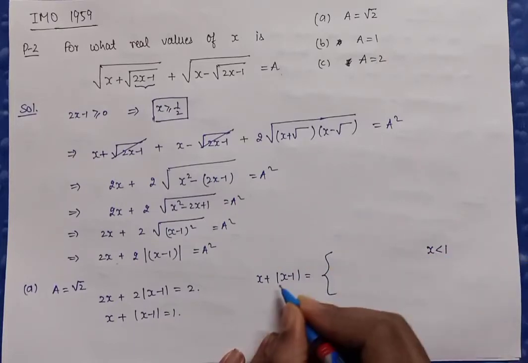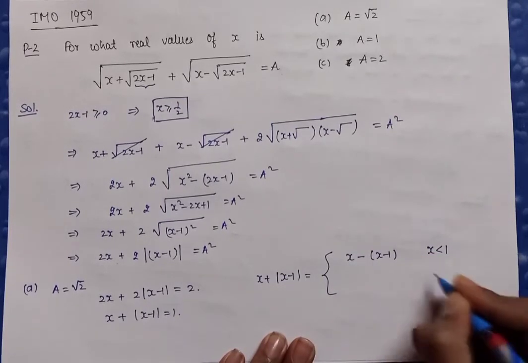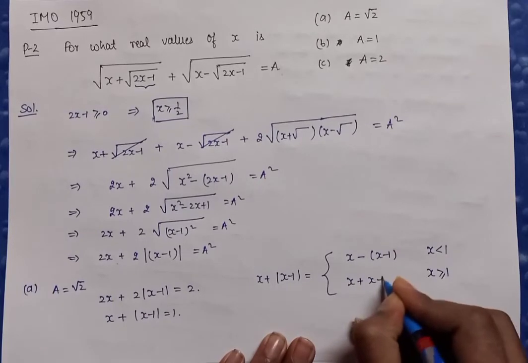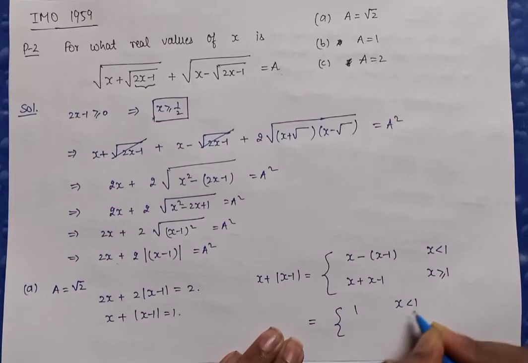When x is less than 1, x minus 1 is negative, so we write it with a negative sign. Then x plus 1 minus x gives 1 when x is less than 1, and 2x minus 1 when x is greater than or equal to 1.